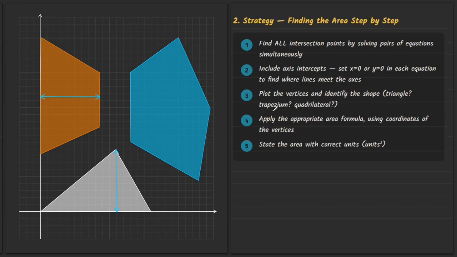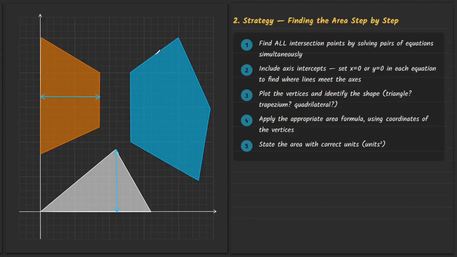So we have our 5 steps process here for finding the area. First, if we want to find the area bounded by the various lines that form the polygon, find all the intersection points by solving the pair of equations simultaneously. You wouldn't always be given the coordinates; sometimes you are given the equations of the lines.